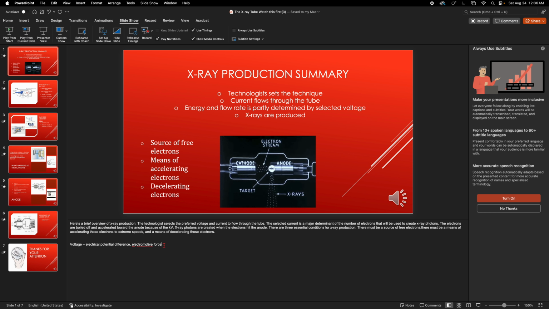You don't need to care about that word, but it looks like electromotive force. That just means a difference in electrical potential between 2 points. That's what voltage means in a bunch of different ways, right?